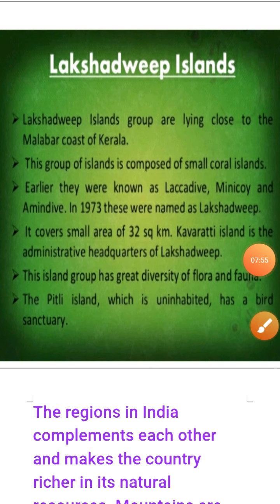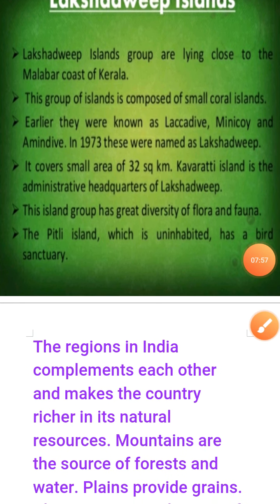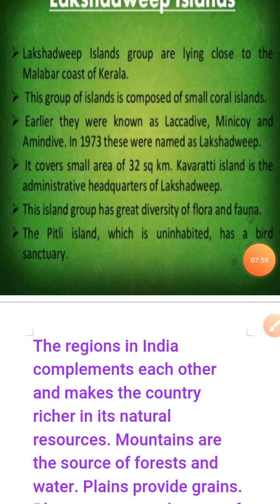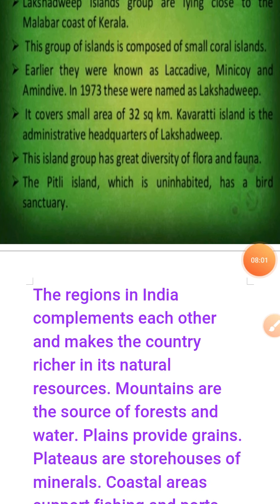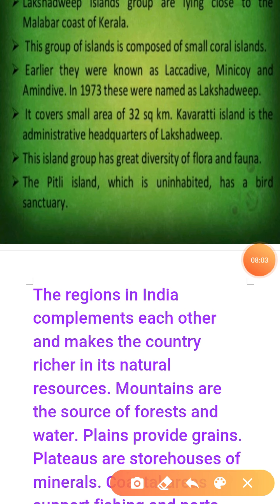This island group has great diversity of flora and fauna. And Pitti Island, which is uninhabited, is a bird sanctuary. So in an area of 32 square kilometers, only a few areas are inhabited, the rest are uninhabited.